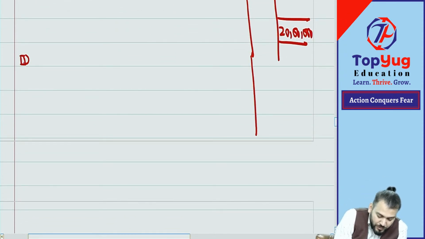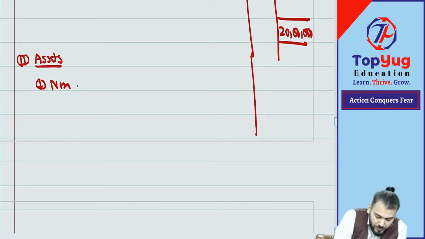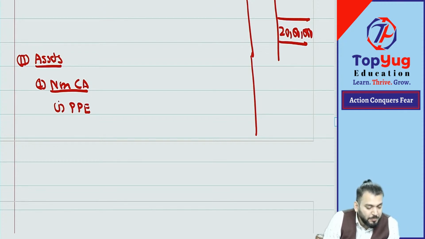Then point number two, we write what? Assets. Under this point number one, what do we write down? Non-current asset. Under this point number one, property, plant and equipment. Property, plant and equipment, I think no changes. Acha, changes are there. 34,000 reduced.